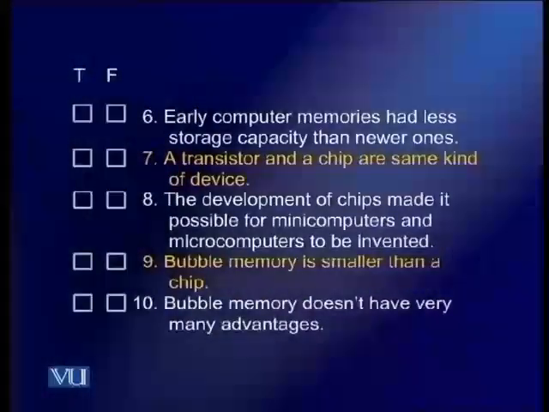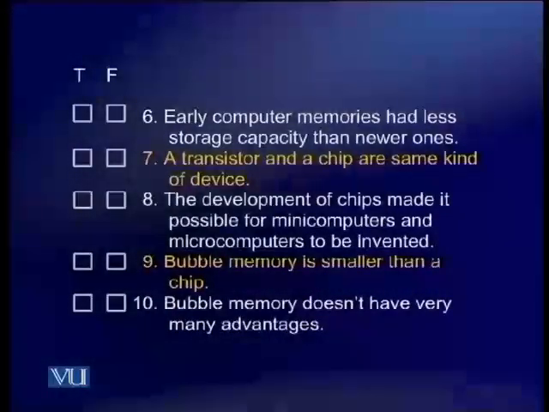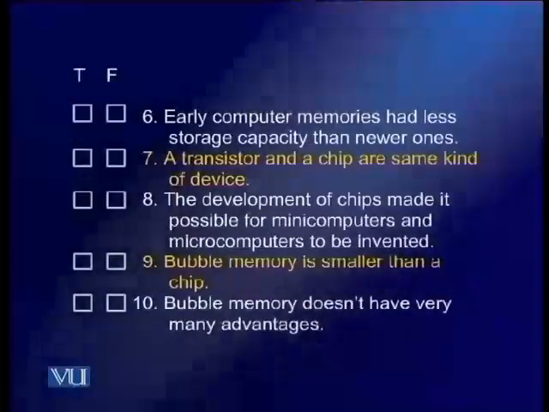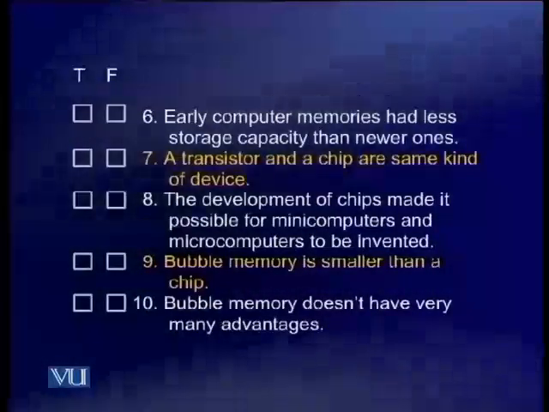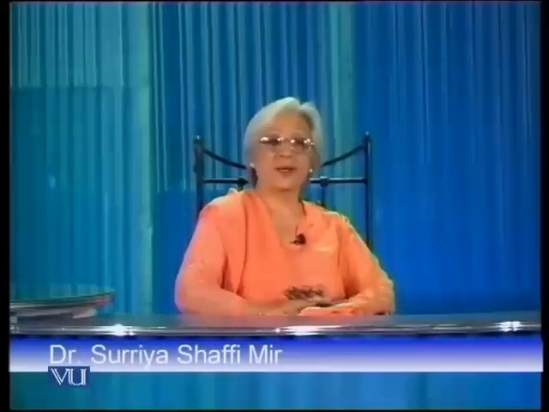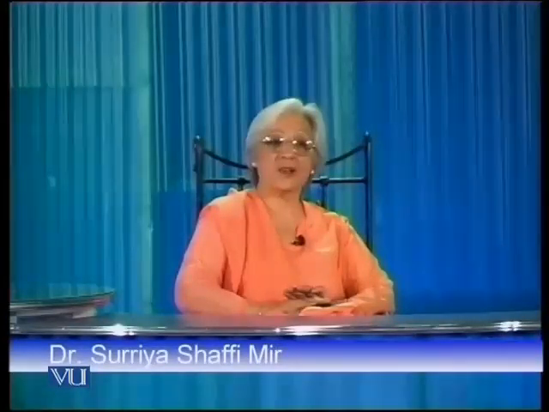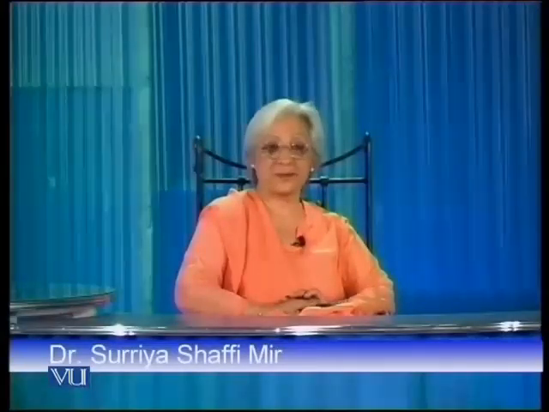Number 7. A transistor and a chip are the same kind of device. It's false. And to make this true, you change the word transistor. A chip is a piece of silicon used in transistors and computers.